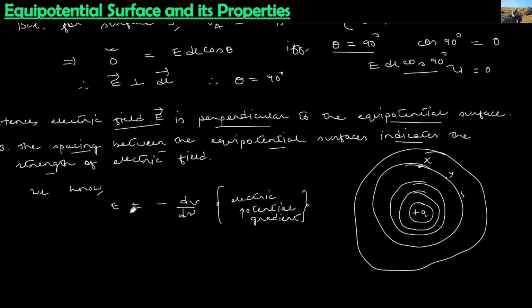So for a small change, dV will always be constant, and this will be constant only for the equipotential surface, or the surface having the same amount of potential.